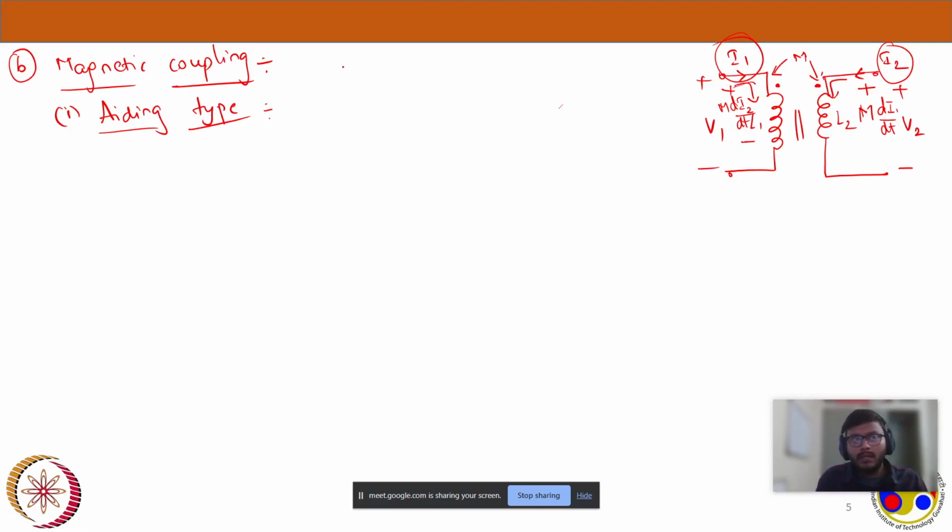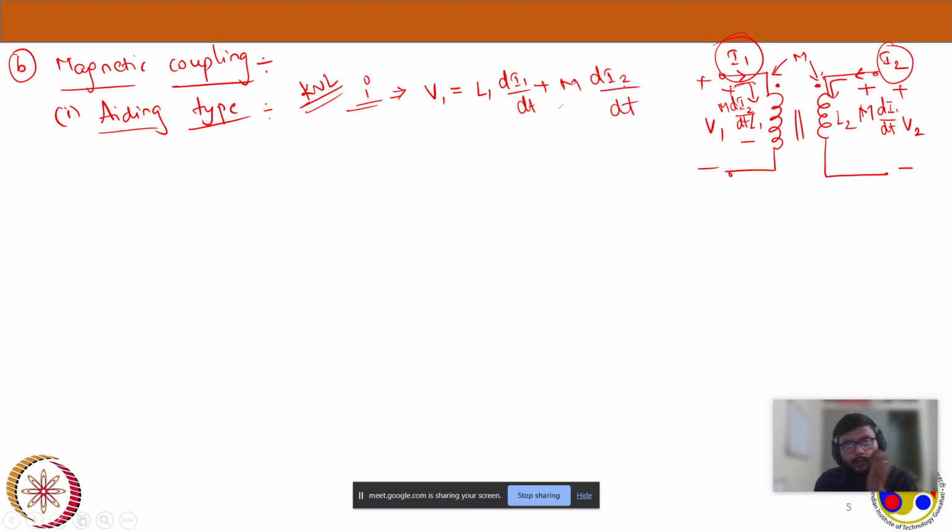Let's write the KVL for the primary side. What is the equation? V1 is equal to, I am writing the self inductance first, L1 di1 by dt plus, this is the plus here, plus M di2 by dt. Now we can't take di common here because the currents responsible for these two inductances are different.